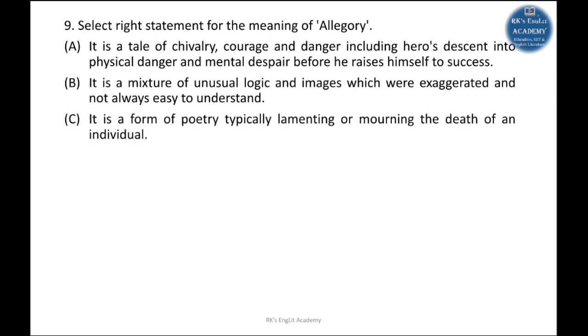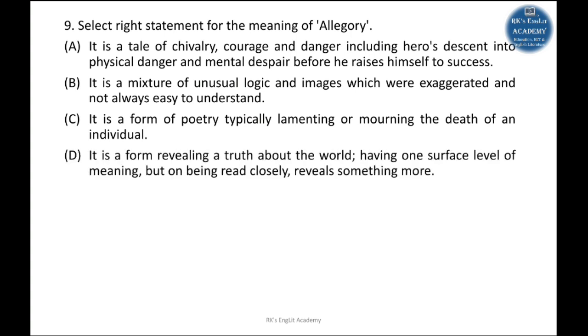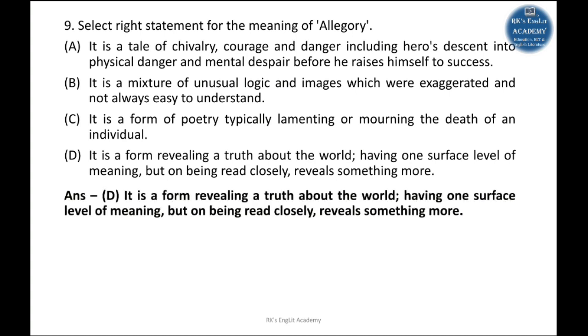Third, it is a form of poetry, typically lamenting or mourning the death of an individual. Last one, it is a form revealing a truth about the world, having one surface level of meaning, but on being read closely reveals something more. So select one option. The correct option is D.